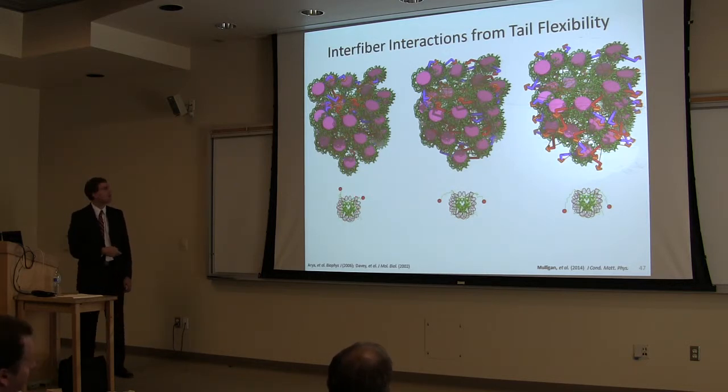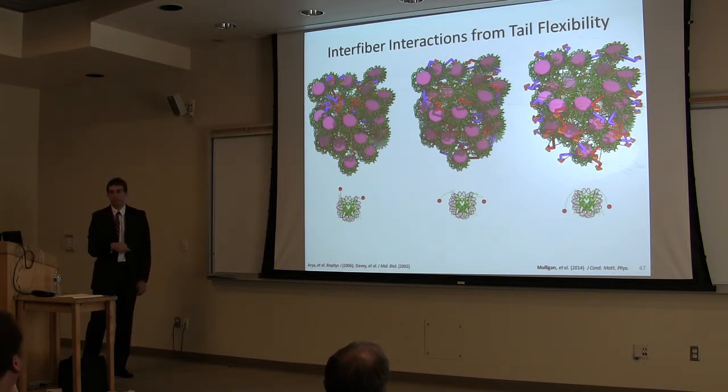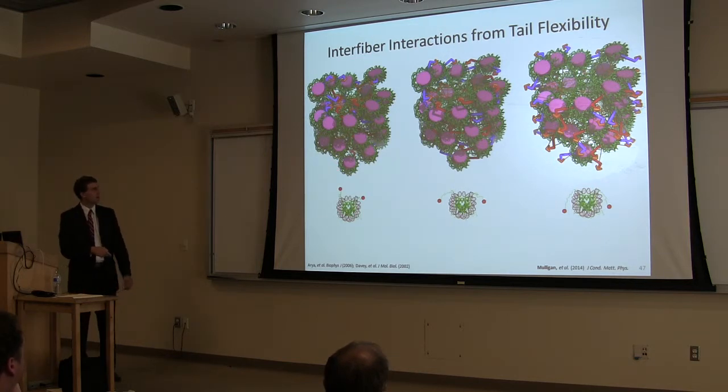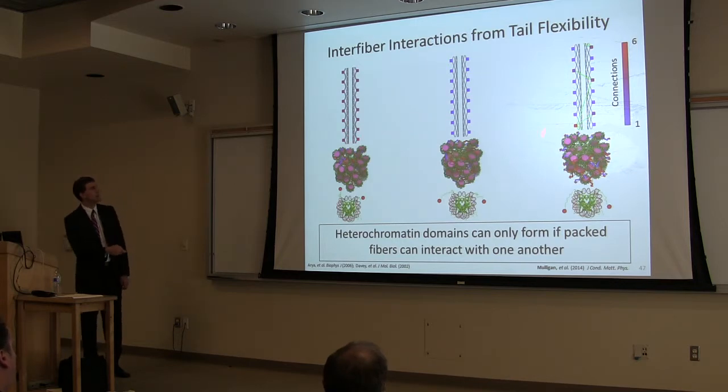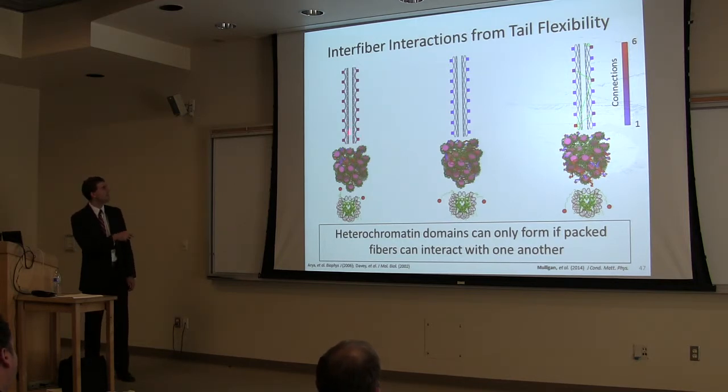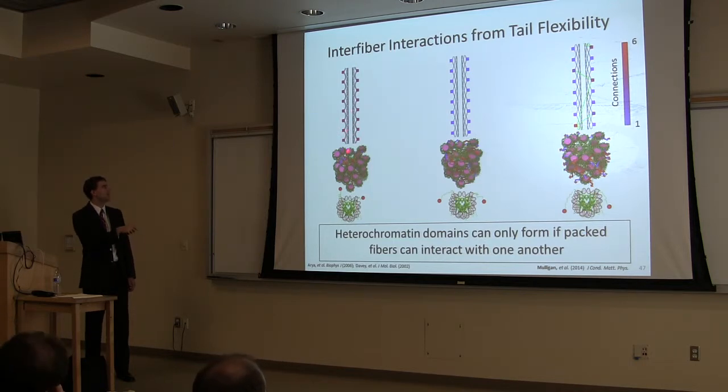What this means is that there are a lot of connections within this fiber. But as the tails flex outward, there'll be fewer connections, but this will allow for connections between fibers, and you can see that in these diagrams. In this case, there are a lot of connections between each binding site within the single fiber, but nothing between the fibers.